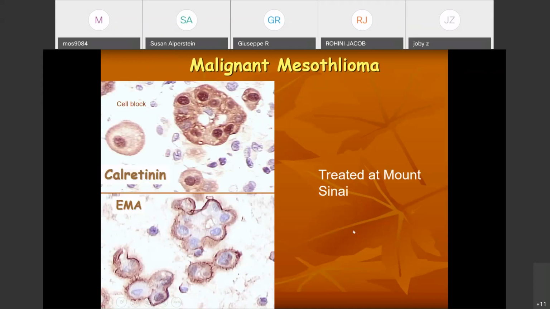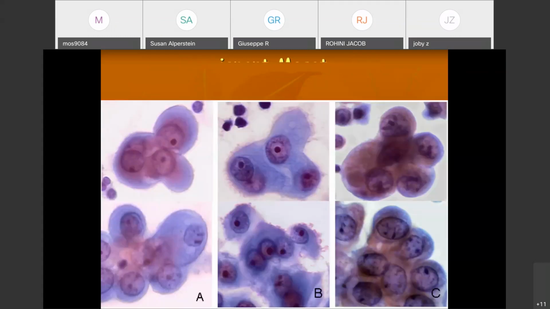This is the second case of FNA mesothelioma. And then this is effusion. You see the cells of mesothelioma versus benign mesothelial cell hyperplasia, adenocarcinoma.